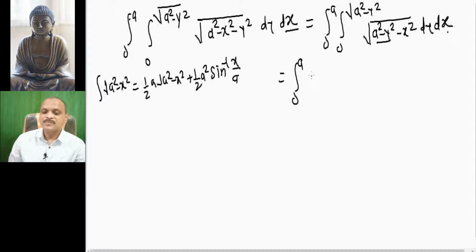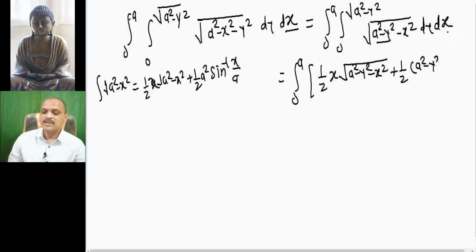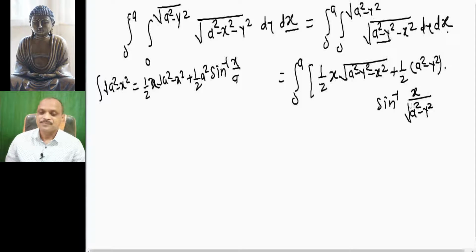Integration 0 to a of 1 by 2 into x into under root of a square minus y square minus x square, plus 1 by 2 into a square minus y square into sine inverse of x divided by under root of a square minus y square, between the limits 0 to under root of a square minus y square, dy.